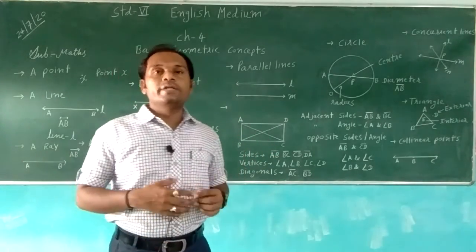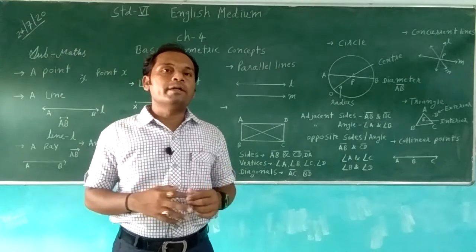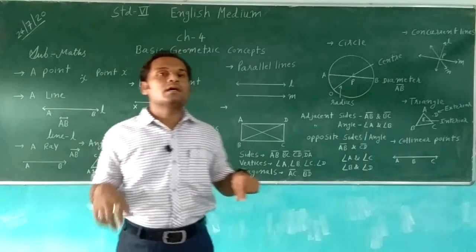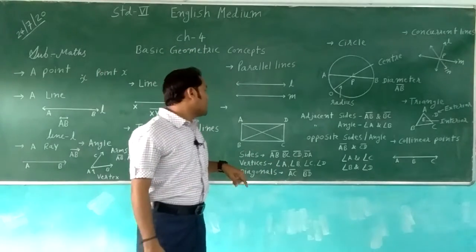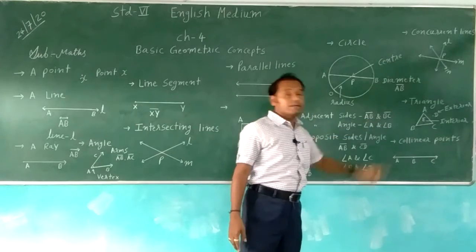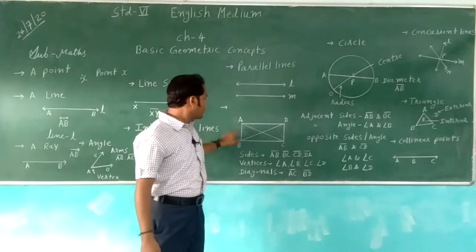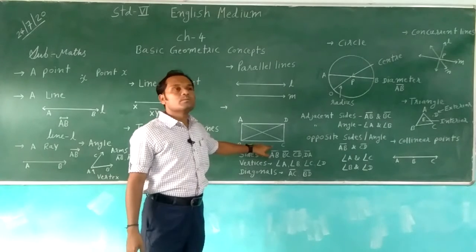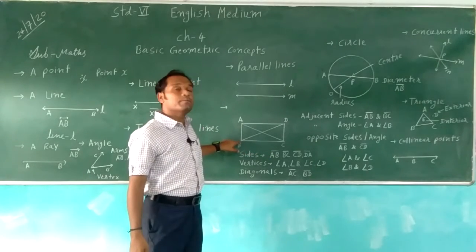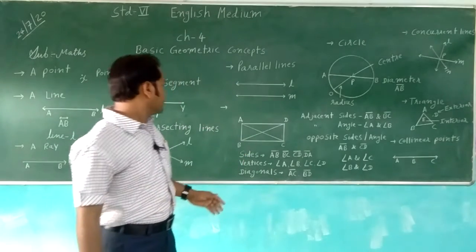In short, you need to remember, if both sides have one common endpoint, then both sides are called adjacent sides. Here I have written just one, AB and BC, which have the common endpoint B, so they are called adjacent sides.